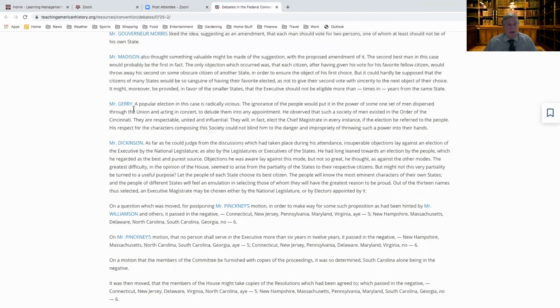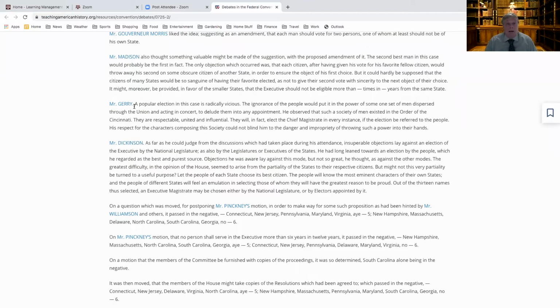Mr. Gerry: a popular election in this case is radically vicious. The ignorance of the people would put it in the power of some one set of men dispersed through the Union and acting in concert to delude them into any appointment. He observed that such a society of men existed in the order of Cincinnati. They are respectable, united, and influential.